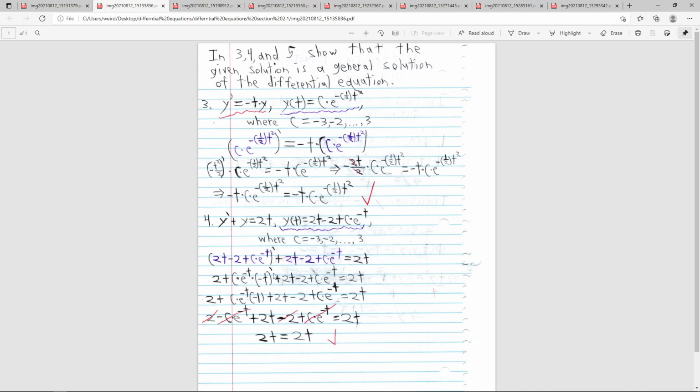That's what really matters, because it's e to the negative t, so the derivative of negative t is just negative 1. That's why I end up with 2 minus c e to the negative t power, plus 2t minus 2 plus c times e to negative t, and those cancel. You see, this cancels out with that. That's how it works. The work is there.